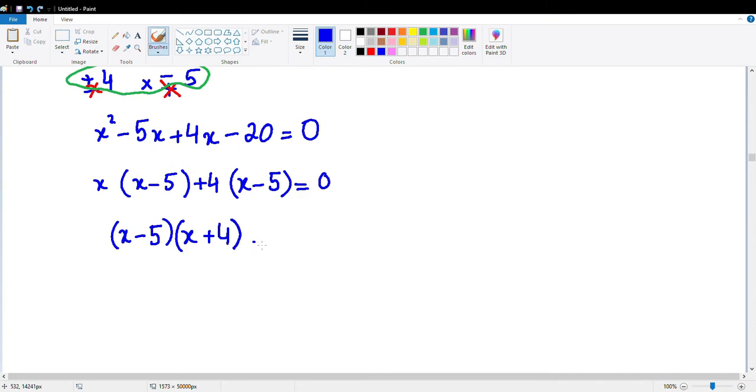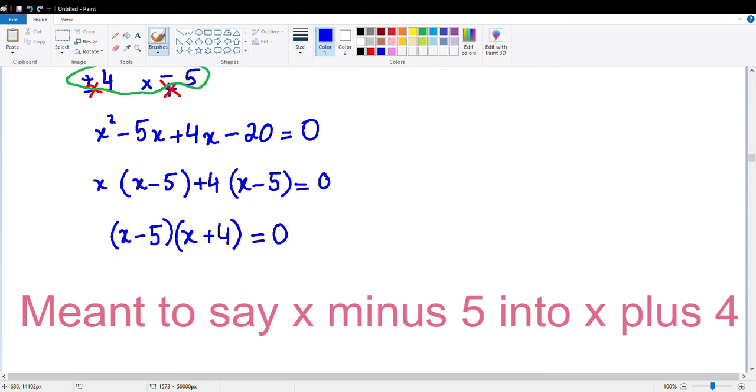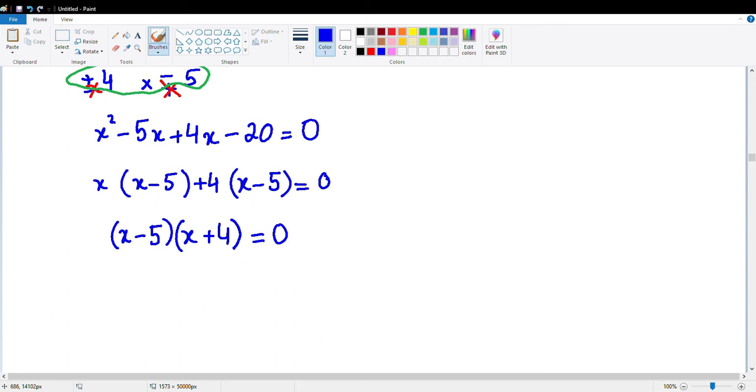So now, since we have x minus 5 into x plus 4, that means they're multiplying, and the equal sign is telling us that their product equals 0.